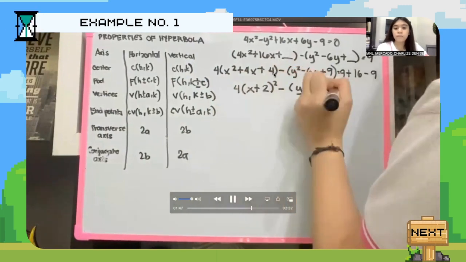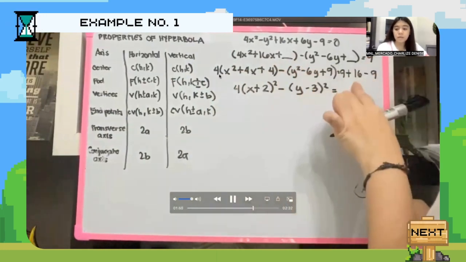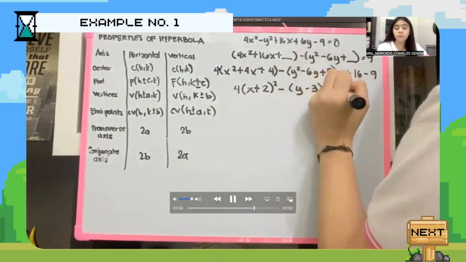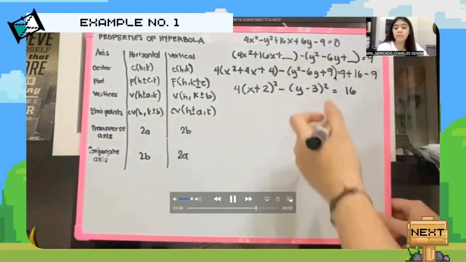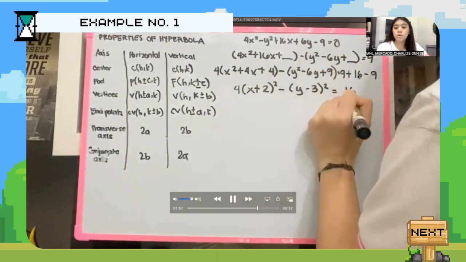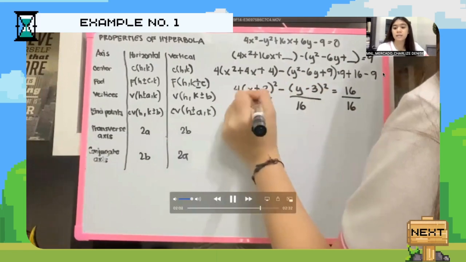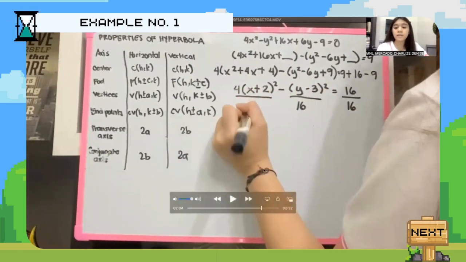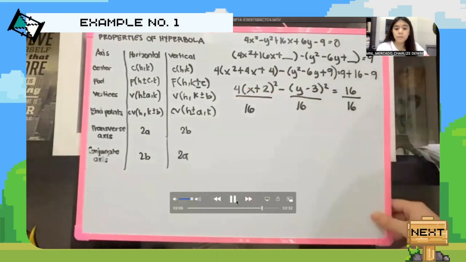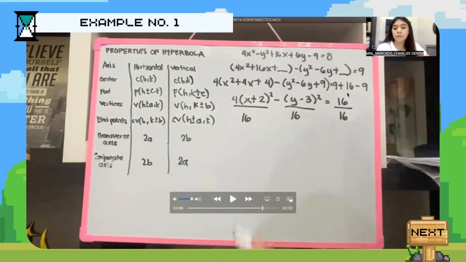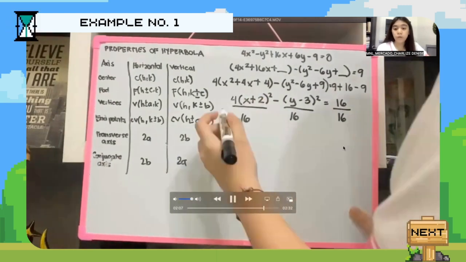And we will add 4 times 4, which is 16, to the right-hand side. So it will be plus 16, and negative times 9 is negative 9. In standard form, this part should be equal to 1. So what we did here is divide both sides by 16 to have 1.